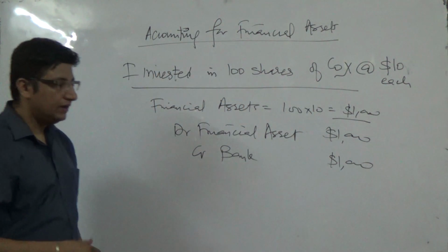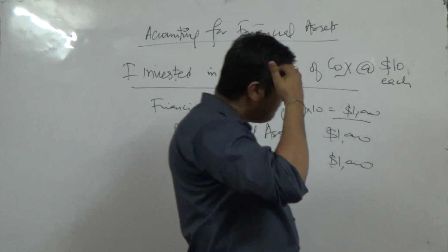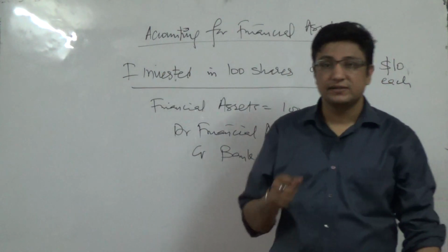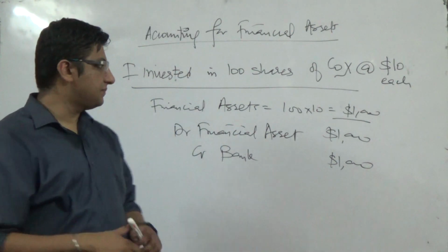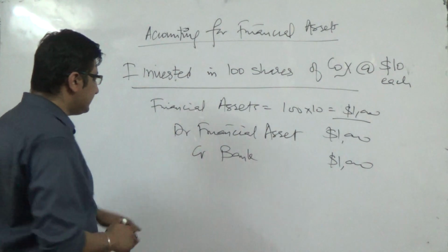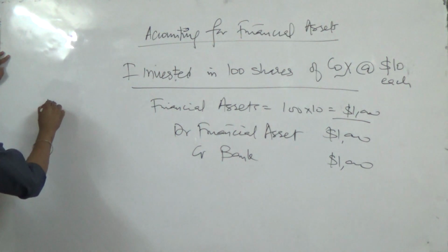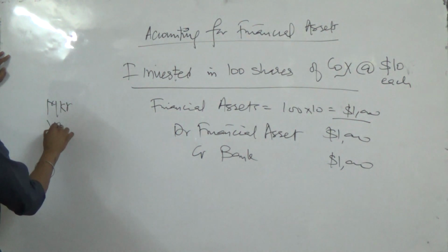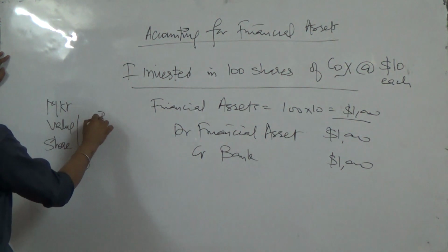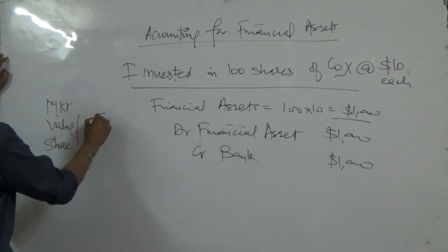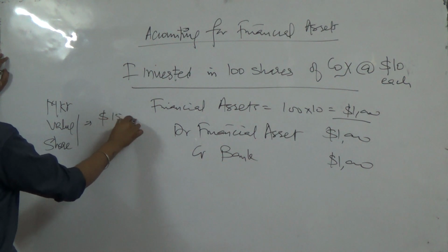But then if I look at my balance sheet date, my reporting date, something called the subsequent measurement period, let us say the market value per share goes to $15.